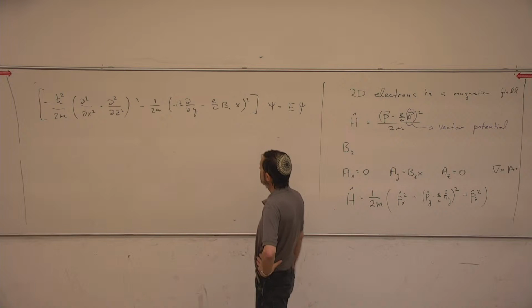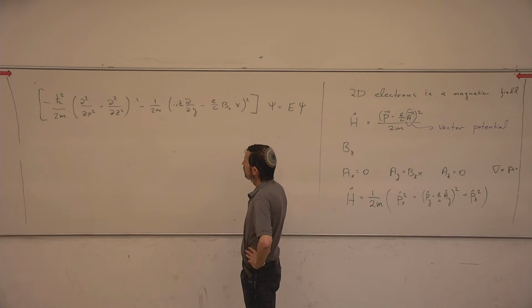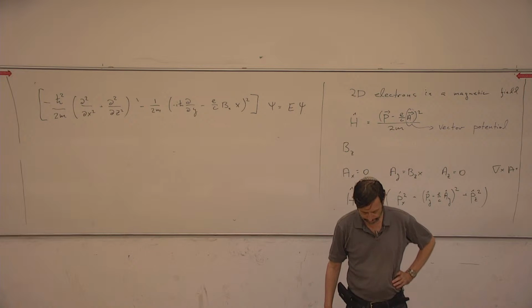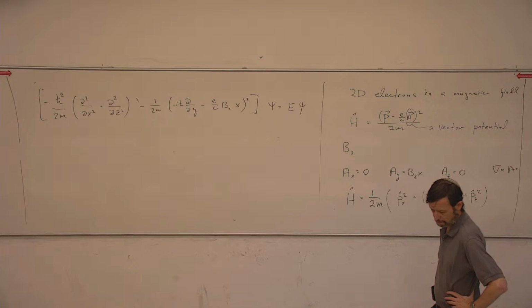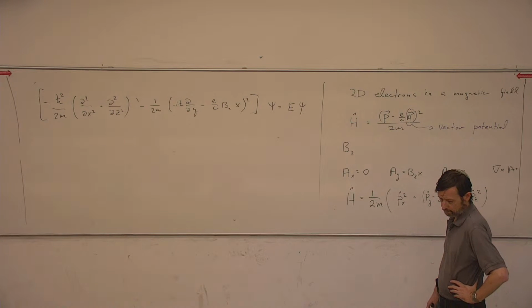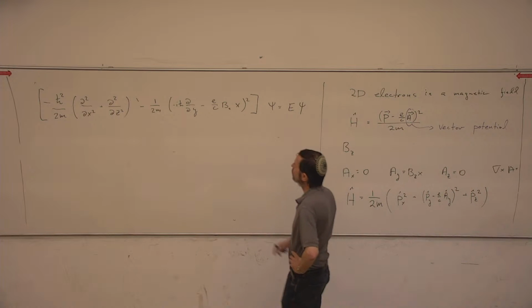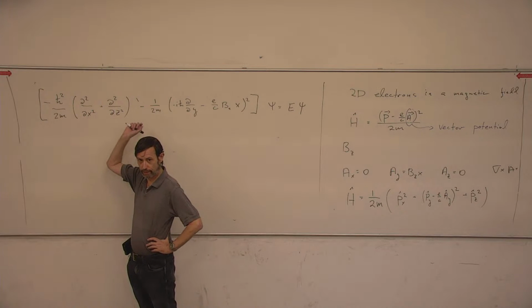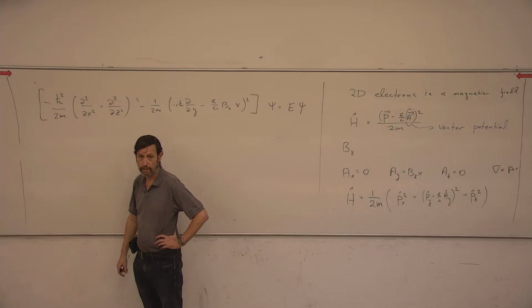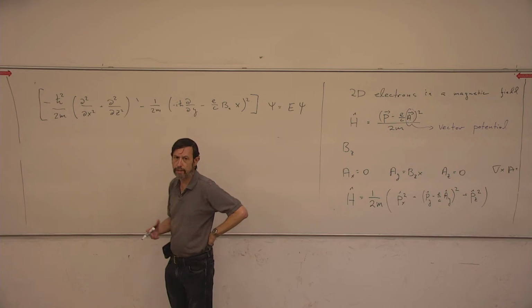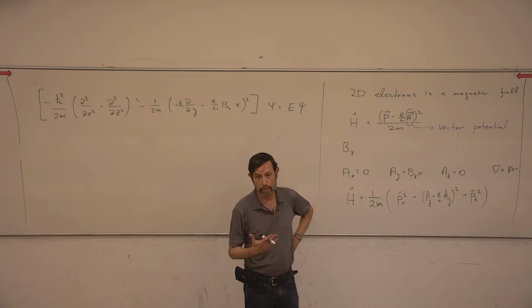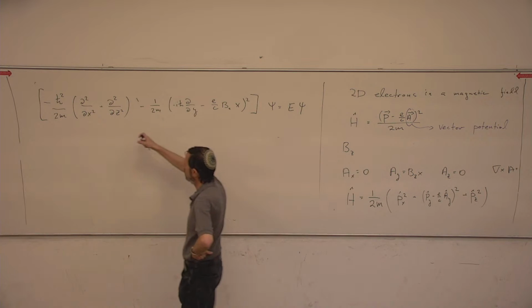Okay, let's look at what's happening here. In the z direction and in the y direction, we don't have other explicit dependence on the coordinate except for the derivatives.